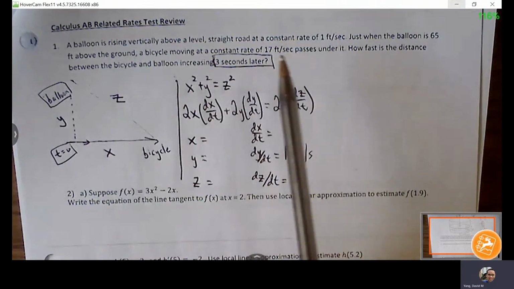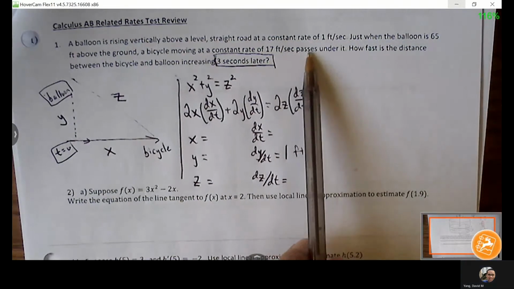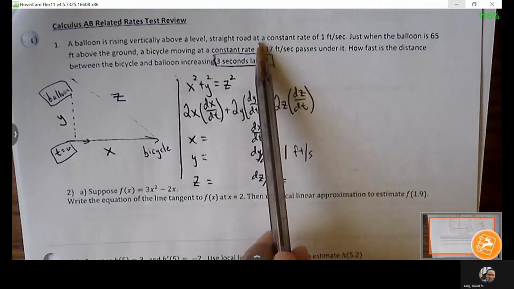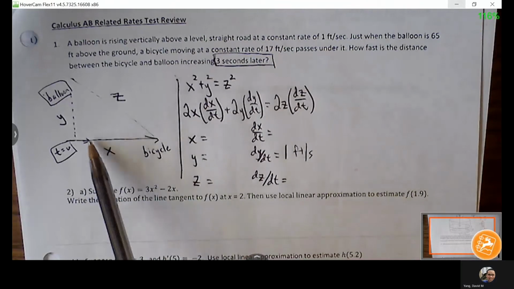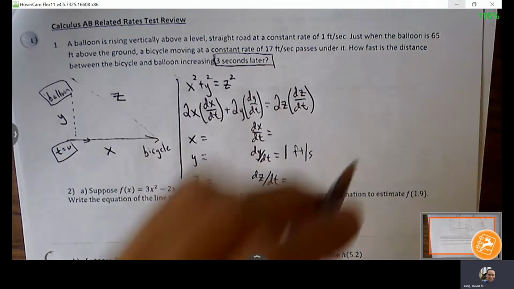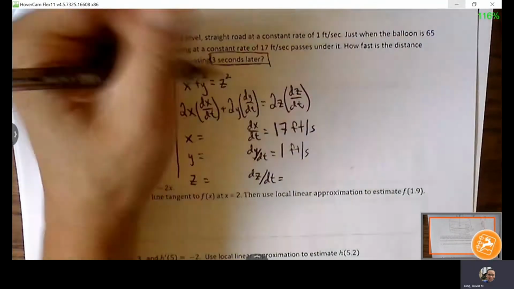Bicycle is moving at a constant rate of 17 feet per second. What is that for? Good, right? And it can't be x, right? We see time involved. It's a rate. Okay. Positive as well because it's going to cause x to increase.